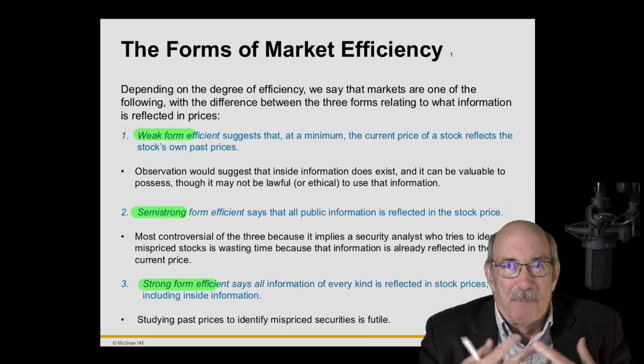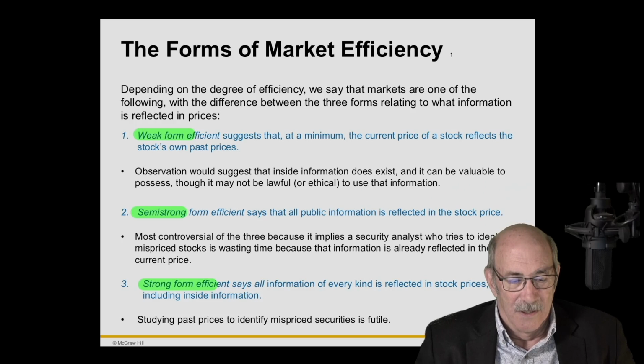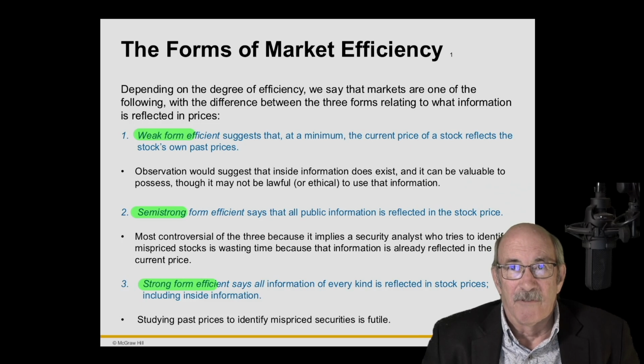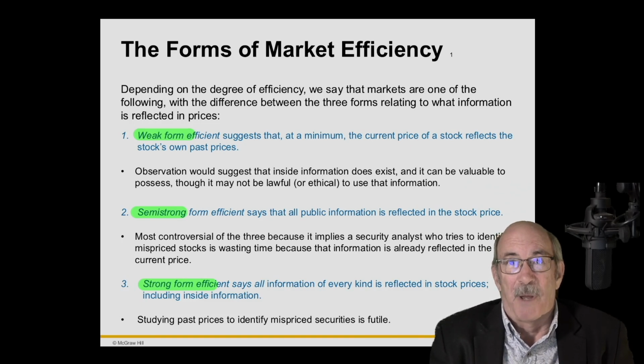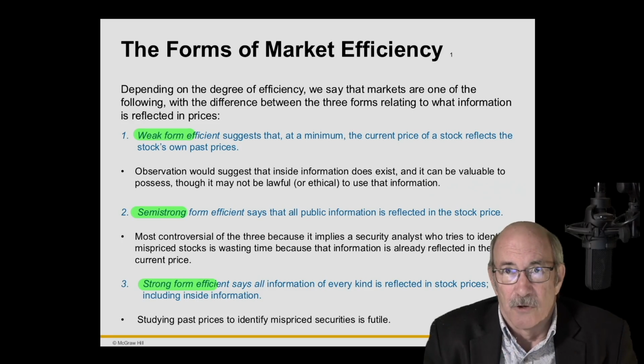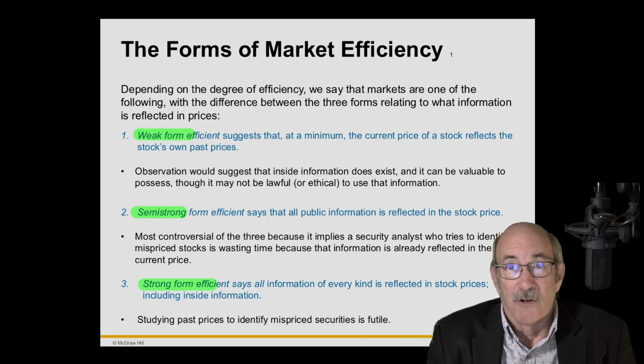It doesn't just happen by osmosis. So that's really kind of a straw man that's set out there. Gene Fama came up with these categories many years ago, and markets will never be strong form efficient. In fact, we have laws on the books that make certain types of trades by insiders illegal. Otherwise, maybe markets could be strong form efficient or close to it.